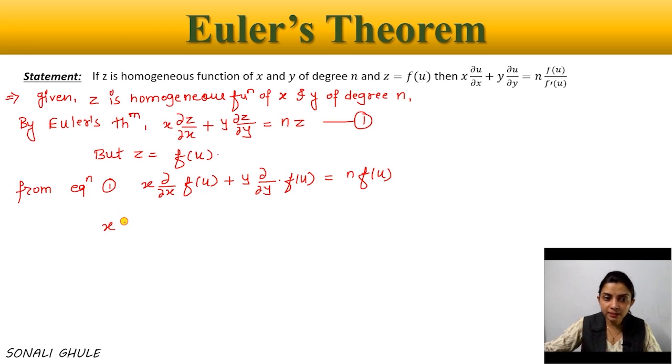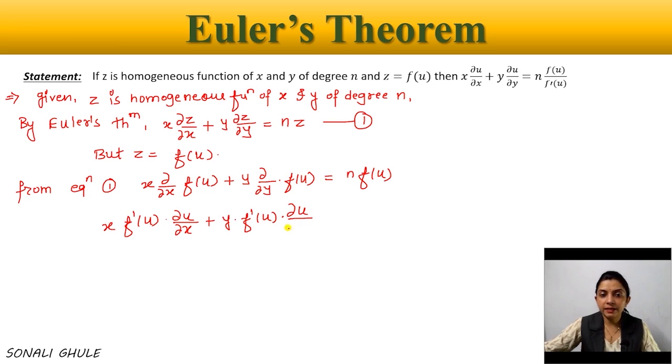So what can I write? X into f dash of u, and then again the derivative of this u with respect to x, so that will be dou u by dou x. Plus y into, again the derivative of this function with respect to y, so that will be f dash of u into dou u by dou y, that is equal to n into f of u.